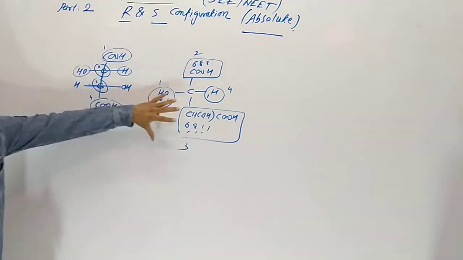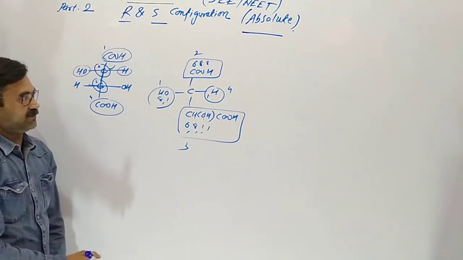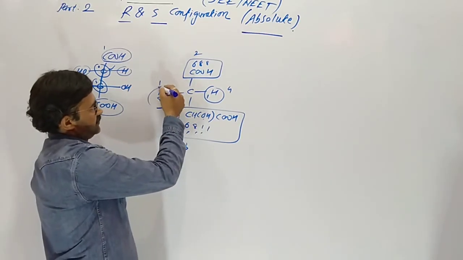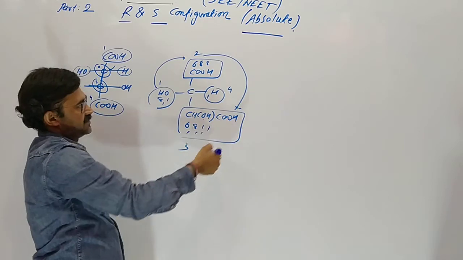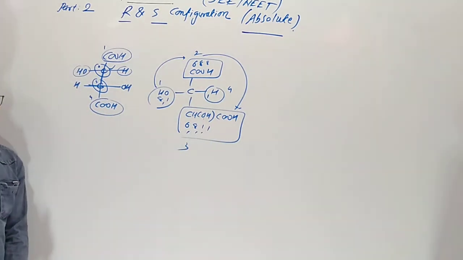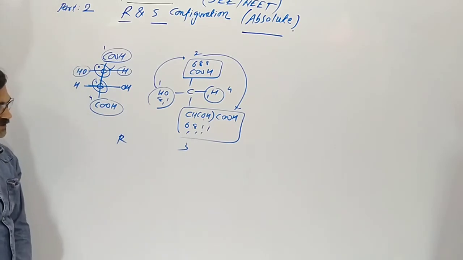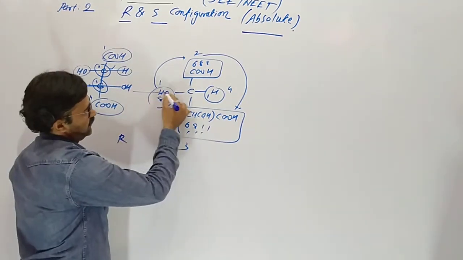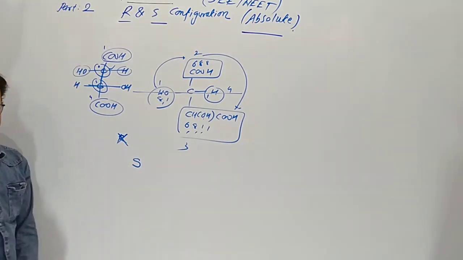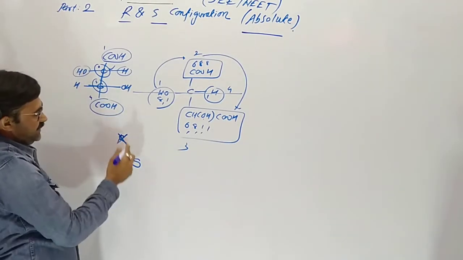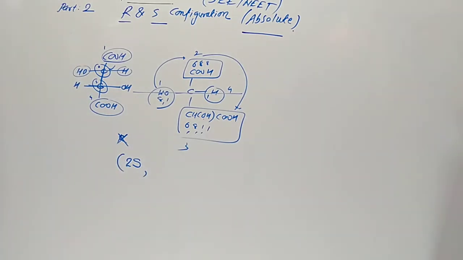Now the abbreviated form is taken for getting the configuration of the second carbon. So 1, 2 and 3. In reading it comes clockwise, it appears R configuration, but our number 4 is on the horizontal line, so S is true. So the second chiral carbon, carbon 2, is 2S.